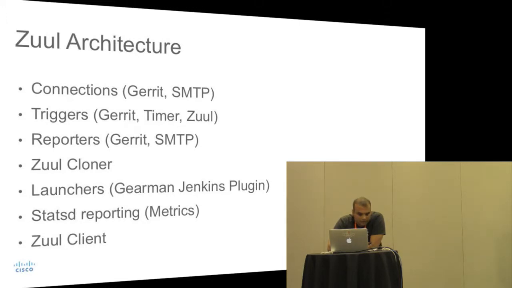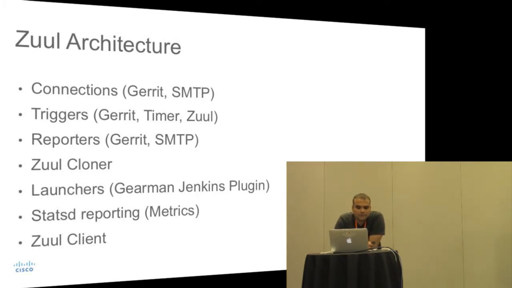And ZUUL has built-in triggers, so say master has a bug and is in bad shape, without interference from a human being, ZUUL will block the merge, so we don't further break the master, which is already broken. So ZUUL has a lot of built-in triggers.